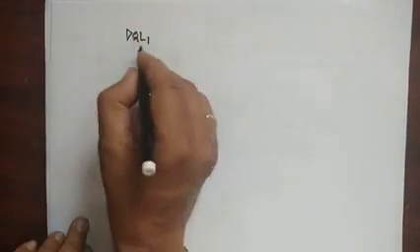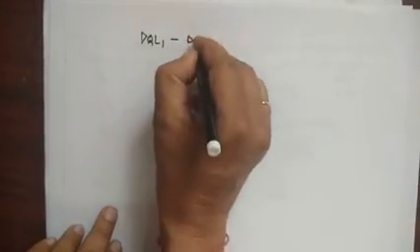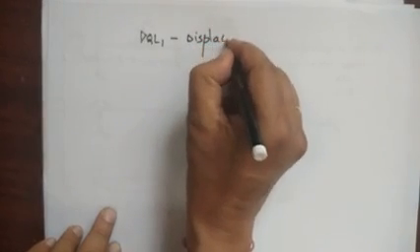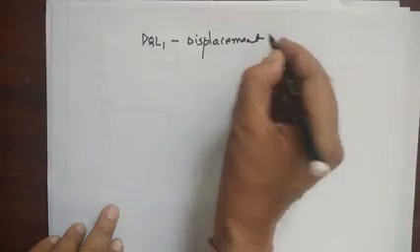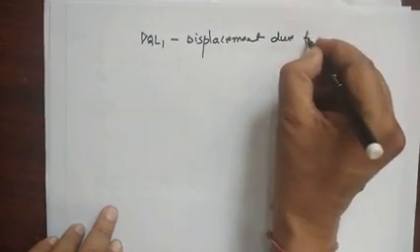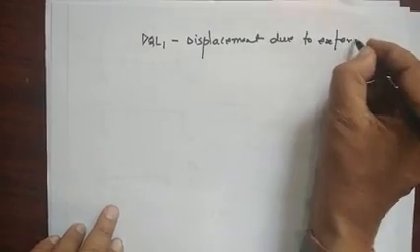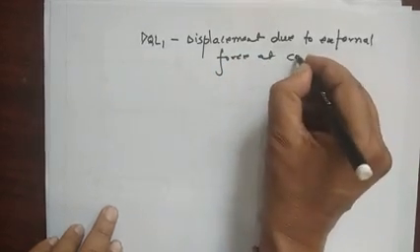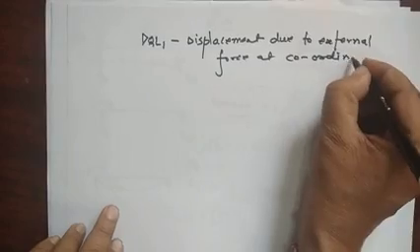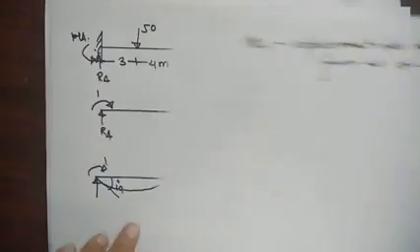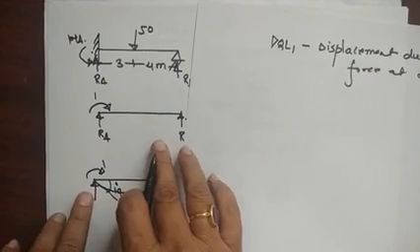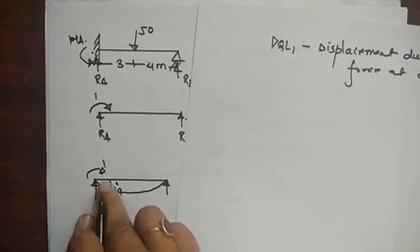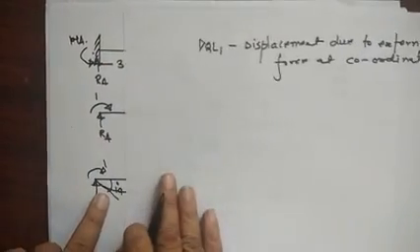So dql is here 1, because dql is the displacement due to external force at the coordinate. Our coordinate is this 1. So displacement at 1 means slope at 1 due to this load of 50.